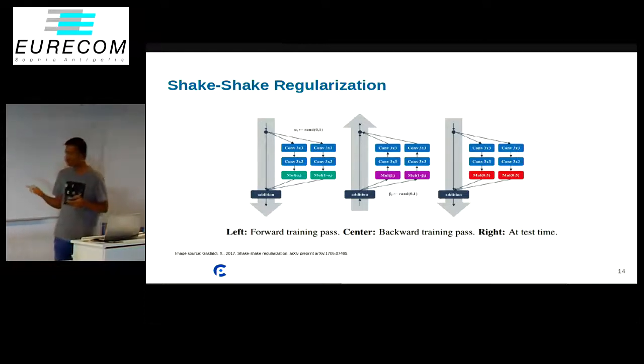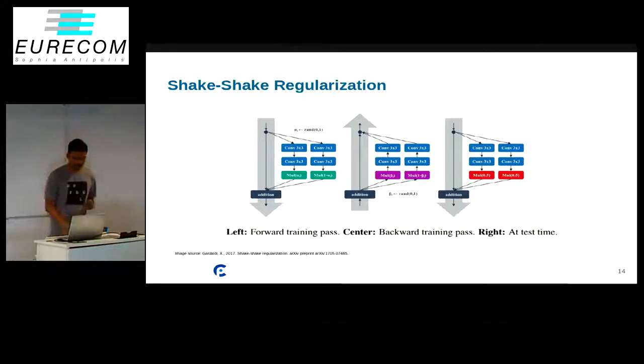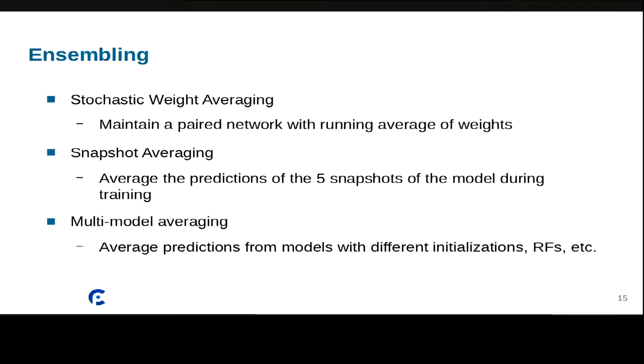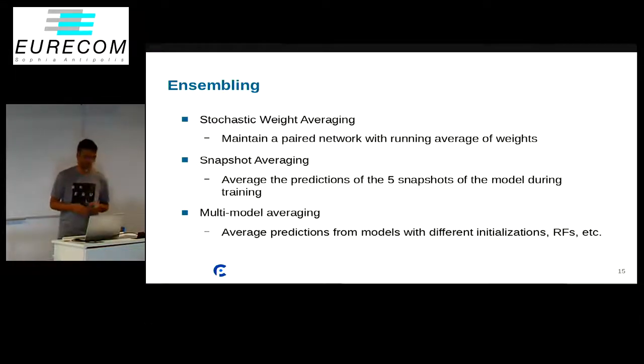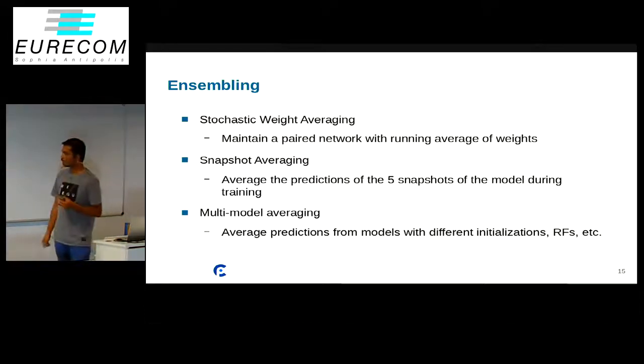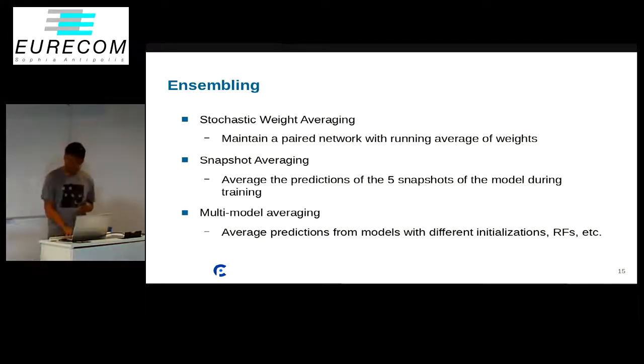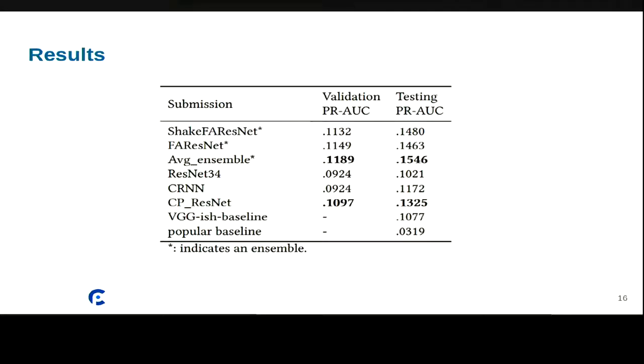We do the same in the backward pass, and similar in the test time. So that helps in improving the performance. Finally, we do stochastic weight averaging for our networks, snapshot averaging, and multimodal averaging, and we see that ensembling really helps in improving our performance.